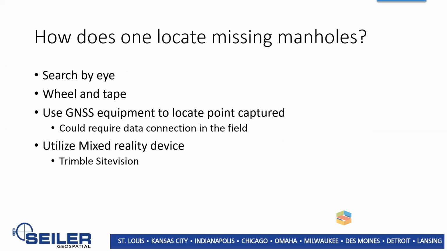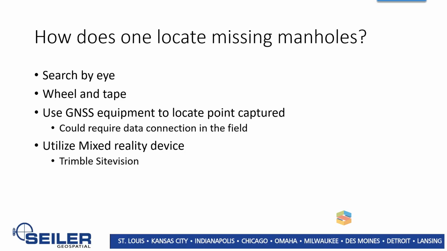One, he can go out there and search just by eye. If he has the measurements from the side of the road, he could go out there and use a wheel and tape to locate that data. He could also bring his equipment back out to the field that he collected that data with, with a map, and navigate back to that point.